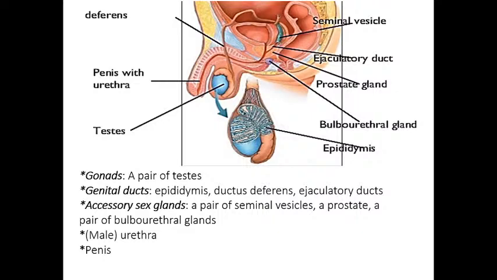Then once this urethra has come into the organ called the penis, at the root of the penis, we have the bulbourethral glands, which will be one on either side, which will add some more of their own secretions, and that will have its own duct which will enter into the urethra.